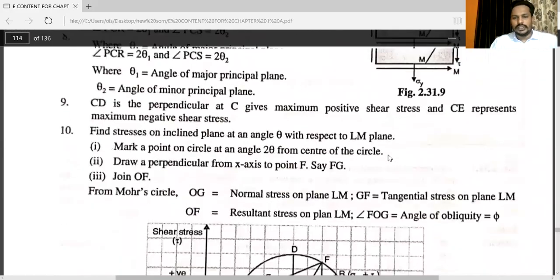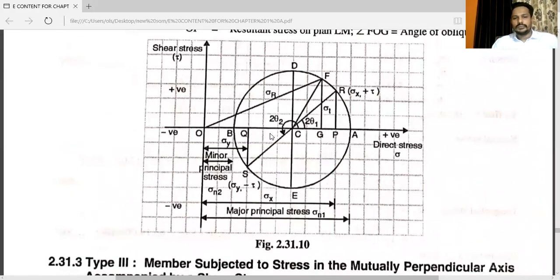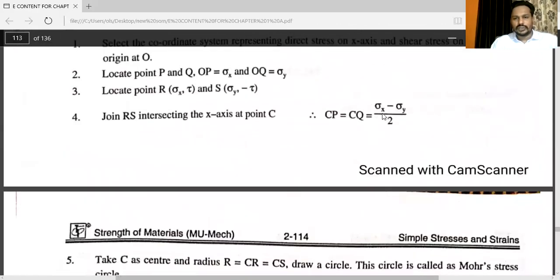C to P and C to Q is nothing but sigma x minus sigma y by 2.